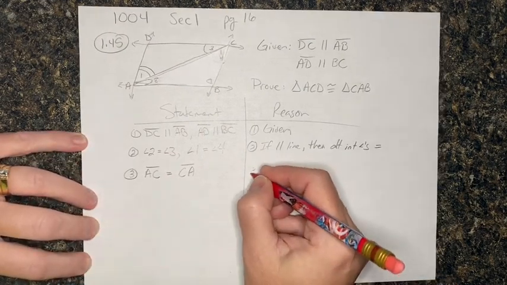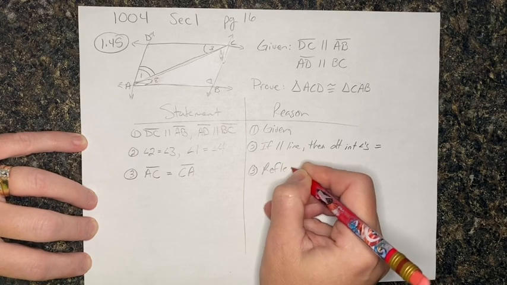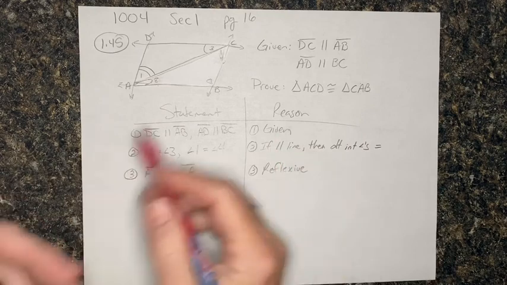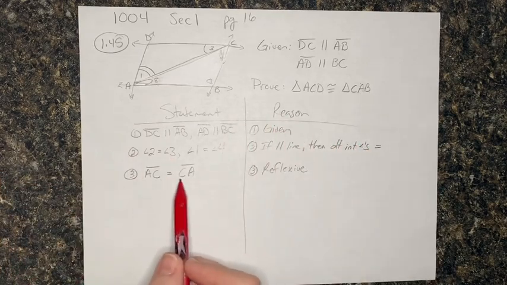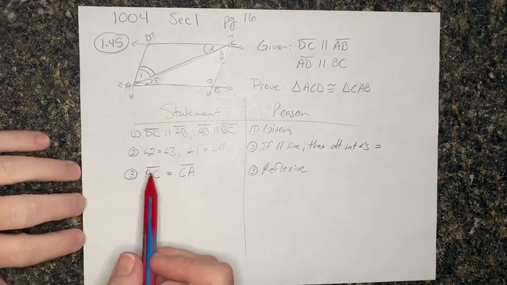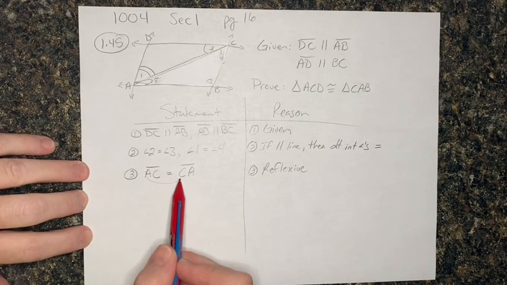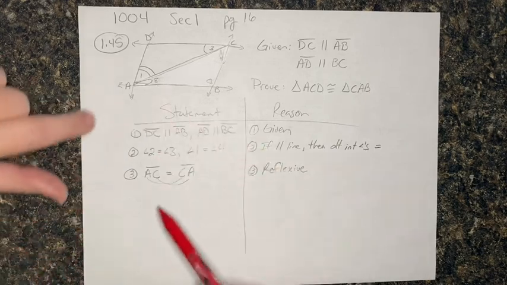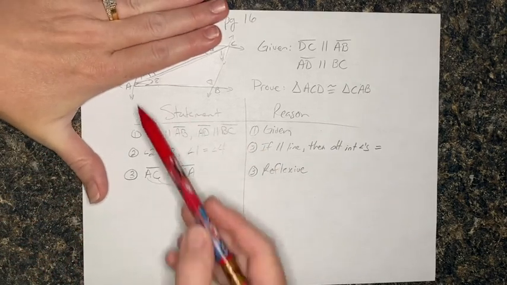This is how we have to write them because this is how it corresponds. Now, it's still a reflexive segment because it's the same thing. AC is exactly the same as CA. They're still the exact same line, but we've got to make sure our parts correspond. We have to write them in the order in which they correspond, and this is the order in which they correspond.